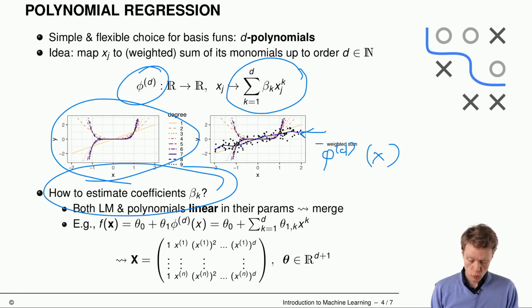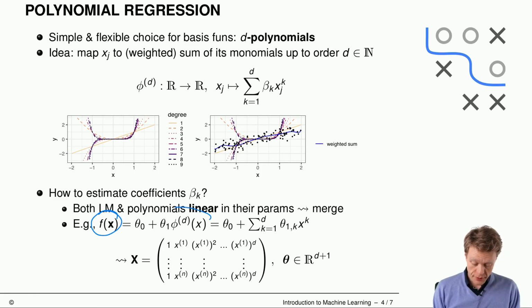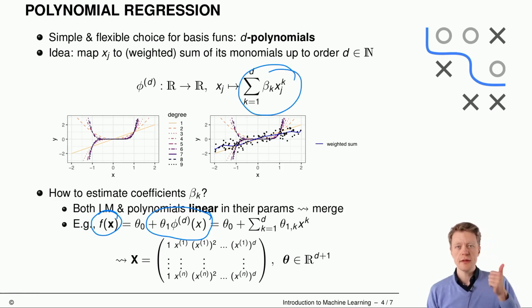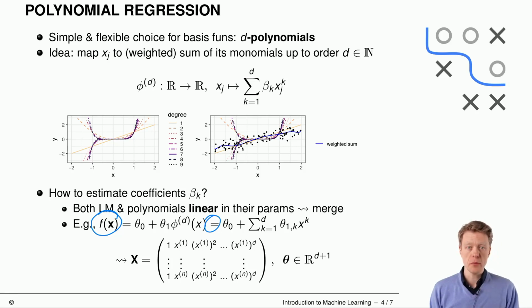Because what we have now, okay, let's clean a bit first. What we have now is a function theta 0 plus theta 1 phi d of x. But this phi has now additional parameters, which means we have theta 0, we have theta 1, and then we have beta 1 to beta d. Okay, so what happens now? We can write this down as follows. We have still theta 0, okay, that remains untouched, plus the sum of theta 1 k times x to the power of k.